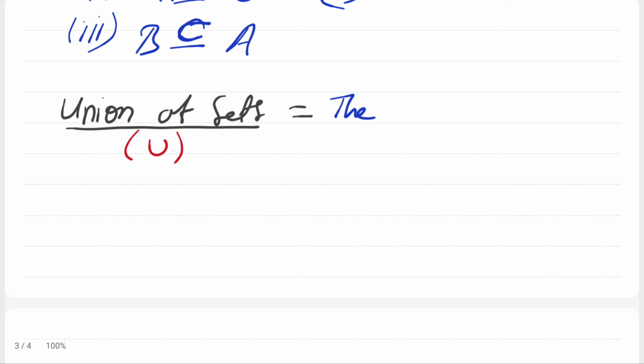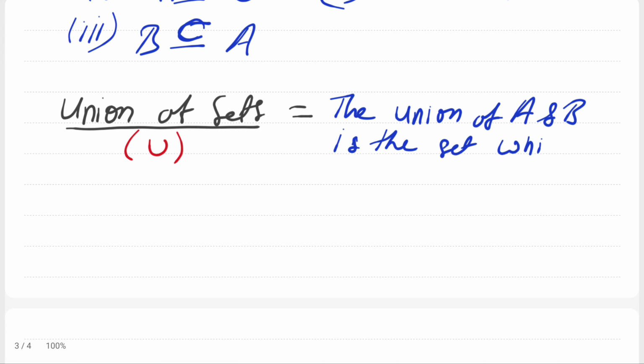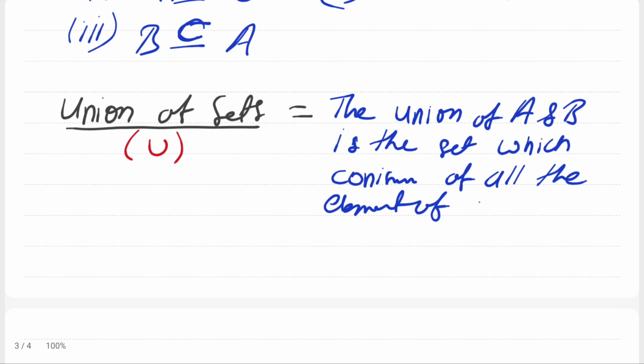The union of A and B is the set which contains all the elements of A or B. I know you didn't understand the definition.